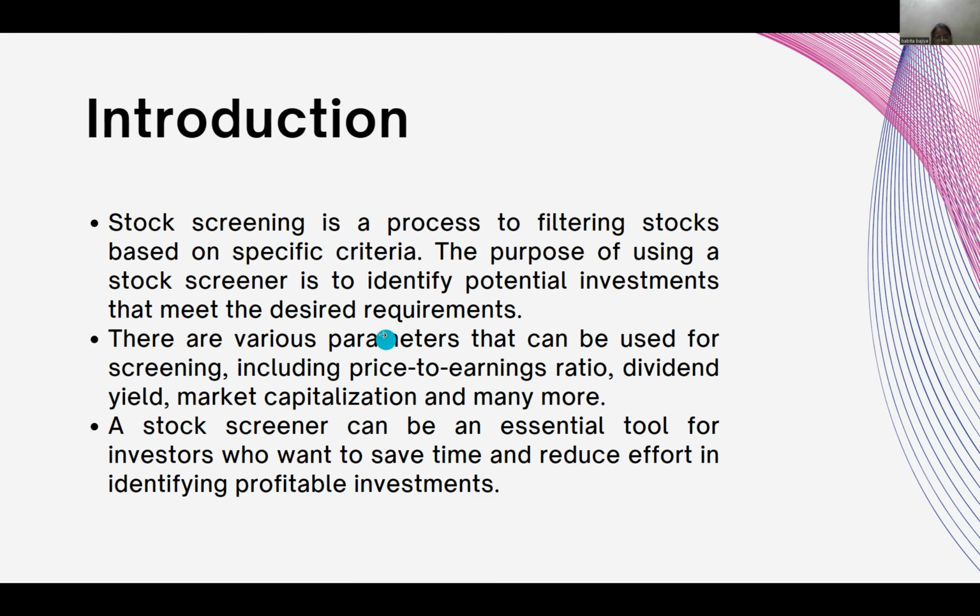These parameters include the price to earning ratio, dividend yield, market capitalization, and many more. A stock screener is an essential tool for investors seeking to optimize their investment research process. It saves time, reduces effort, and helps in identifying profitable investments.